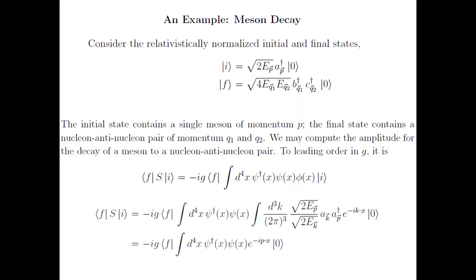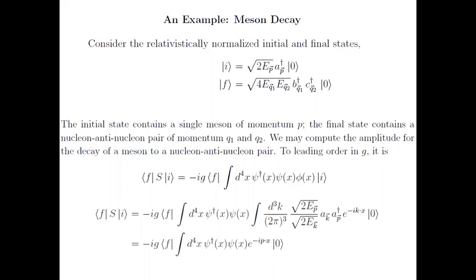So A_P dagger operates on the vacuum and gives us the initial state, which is one meson, and the final state is basically a nucleon, which is given by B_Q1 dagger, and an antinucleon, which is given by C_Q2 dagger. These act on the vacuum and give us the final state.